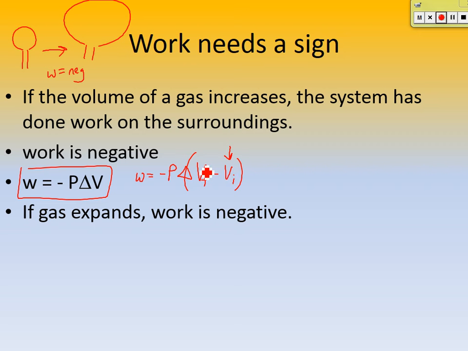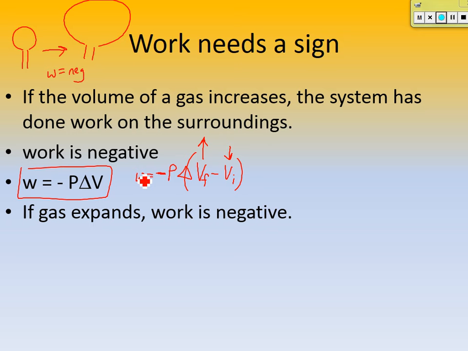And then if the final volume is large, so you have a big number minus a small number, it's going to be positive, right? This sign will be positive here. But with this equation, you always have this negative sign out front. So that's what makes work negative. If it expands, work is negative.